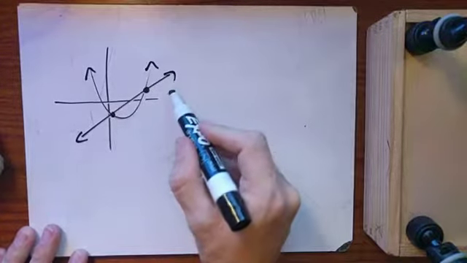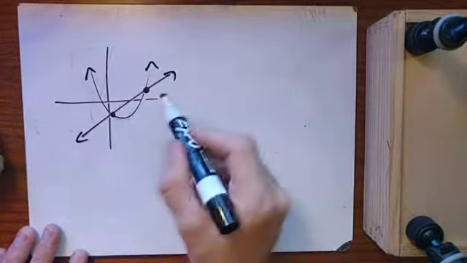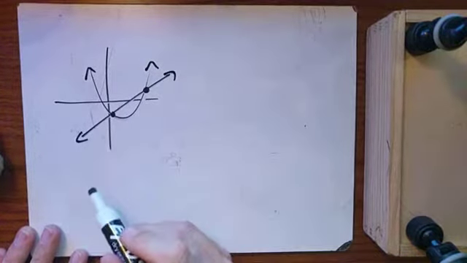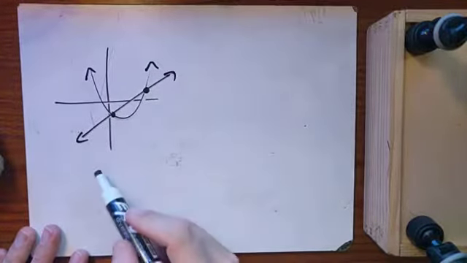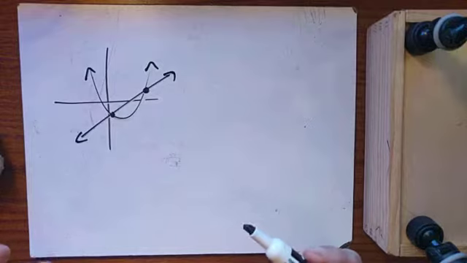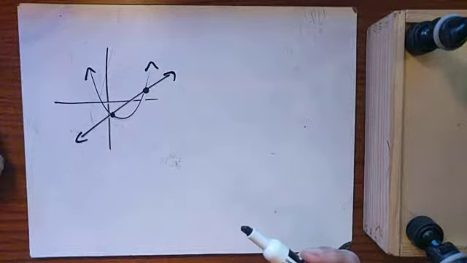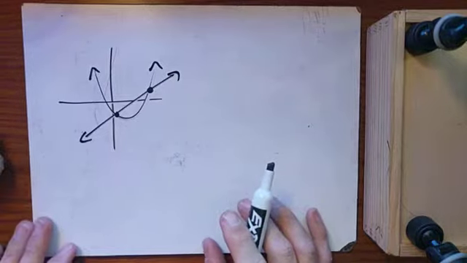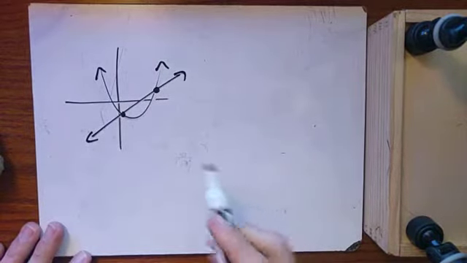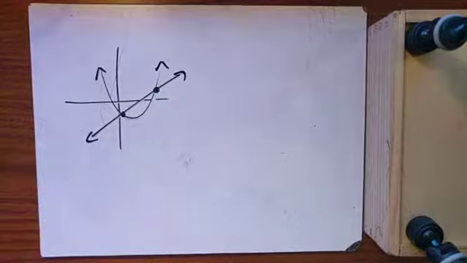Maybe there's only 1 point if the line just touches the edge of the parabola, or maybe there's no solution at all, right? And so if there's no solution, remember what that's called? Inconsistent. Very good. Okay, so this is a consistent example, the graph that I just showed you, right?